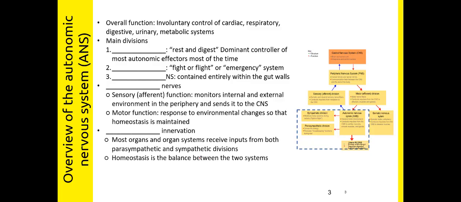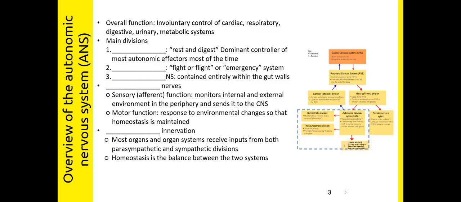We don't have to tell our stomach to contract and relax. Apart from swallowing, everything else is automatic after we swallow. The process of making urine is also automatic, and metabolism is also automatic. So all these functions are controlled by the autonomic nervous system.